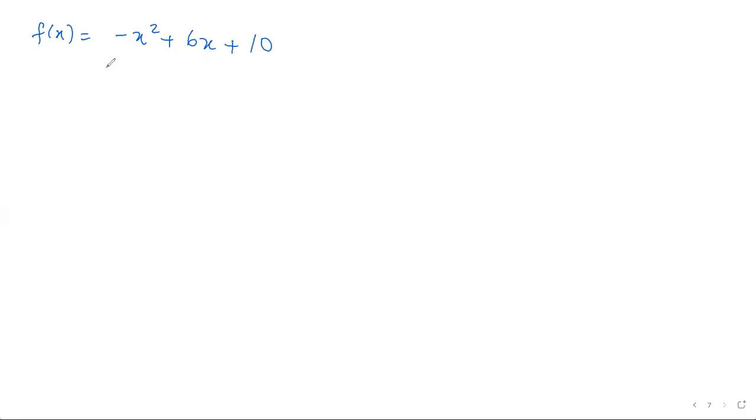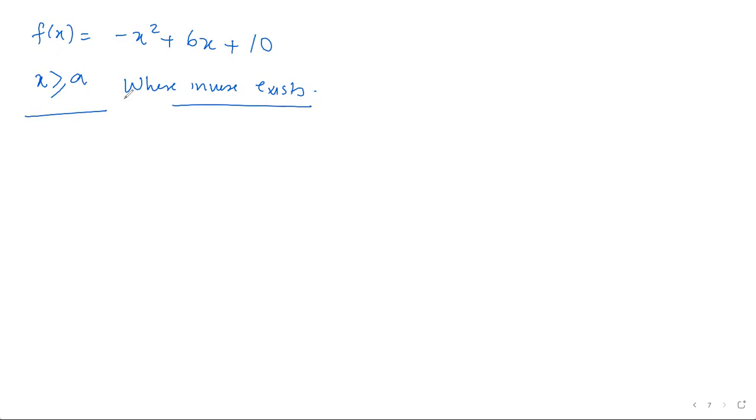You have to justify that by sketching the graph, and in case it exists, you have to find the largest domain, x greater than or equal to a, where the inverse exists. In case it doesn't exist for the full domain, for this value it will exist. Let's see what that value is.